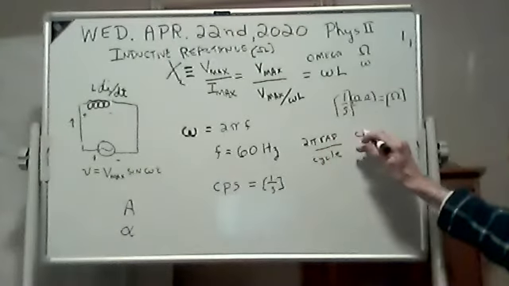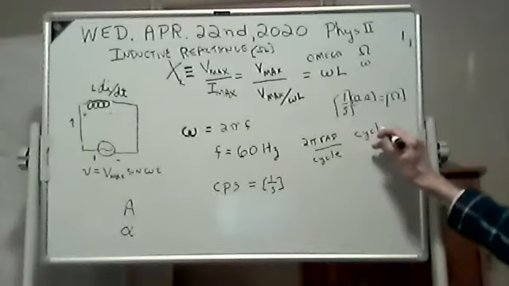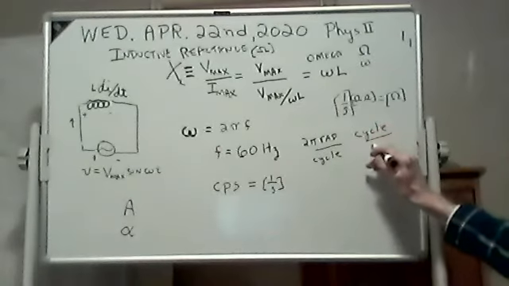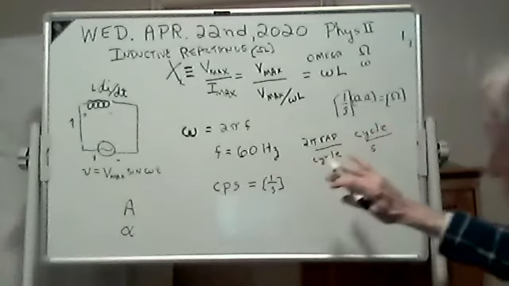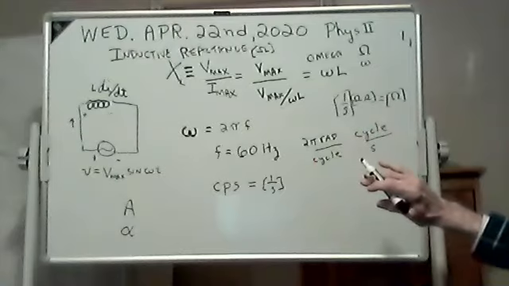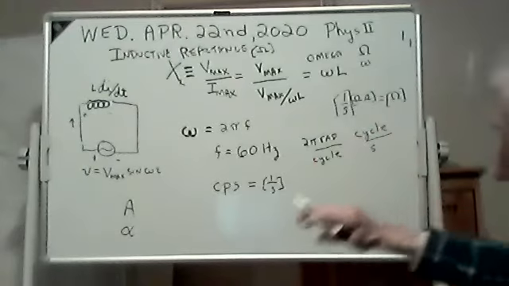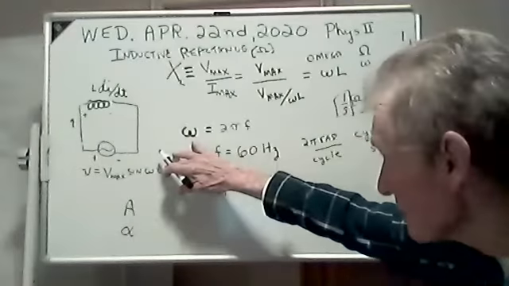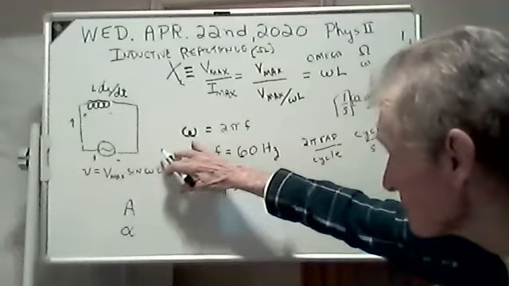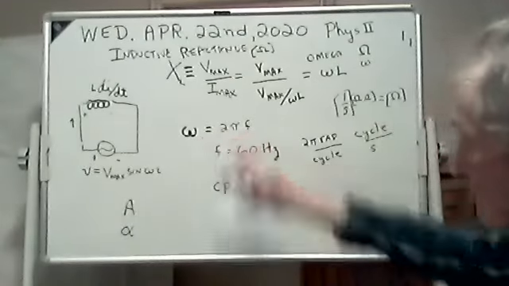You multiply by the cycles per second, and you will get the radians per second. That's it. That's radians per second. It's 2 pi times the frequency.